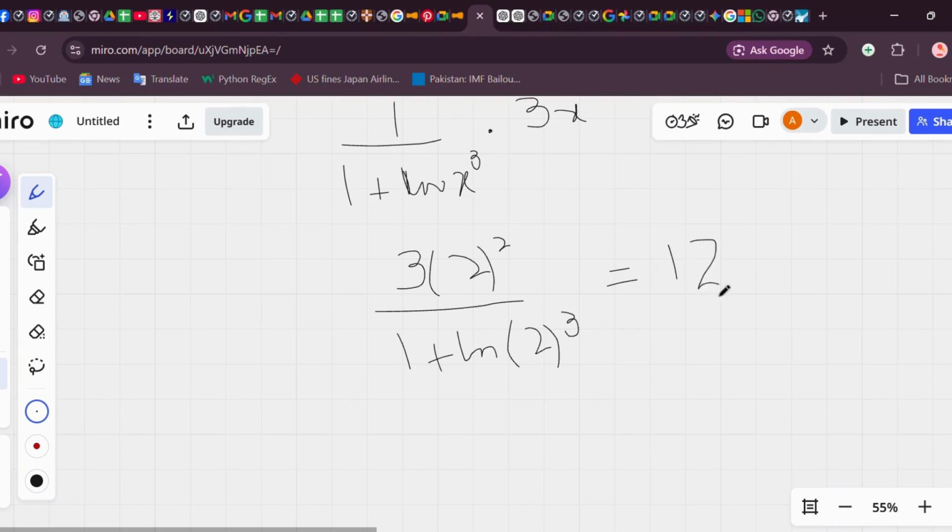So 12 over 1 plus ln 2 cube, and 2 cube is 8. So 12 over 1 plus ln 8.